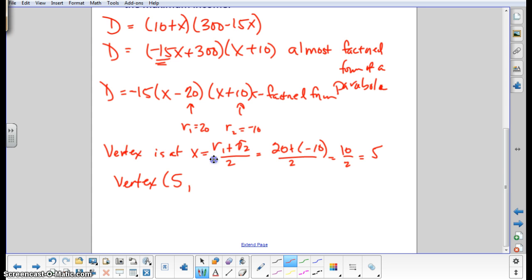So now we need to find the y that goes with that vertex. So I'm just going to plug in the 5. And I'm going to plug it in on this side as well.